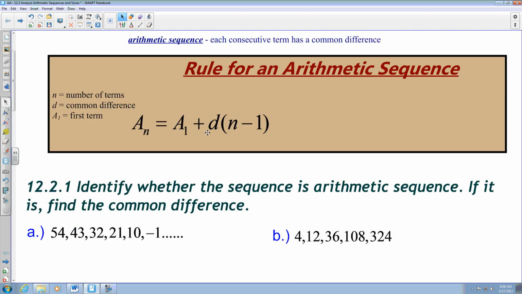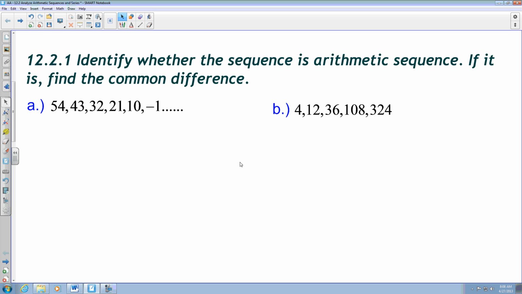So here, for example, we have some values in a sequence. For A, we have 54, 43, 32, 21, 10, and negative 1. As we look at each of these values, they are subtracted by 11. 54 minus 11 is 43, 43 minus 11 is 32, 32 minus 11 is 21, so on and so forth.